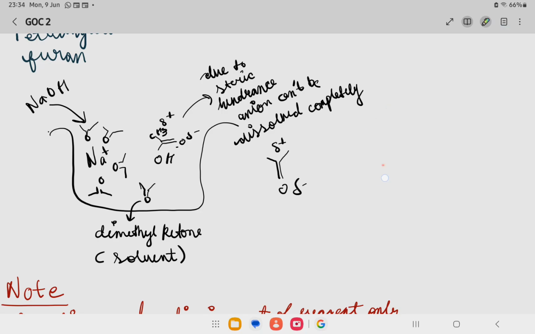The cation part, Na positive, will dissolve, but the anion part will not get dissolved due to steric hindrance, as this is a bulky group. This bulky group does not allow the anion to dissolve completely. Half of it will dissolve, but completely it will not, because of the bulky group present.